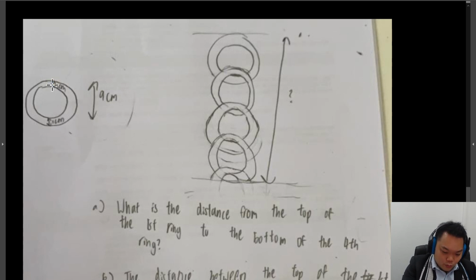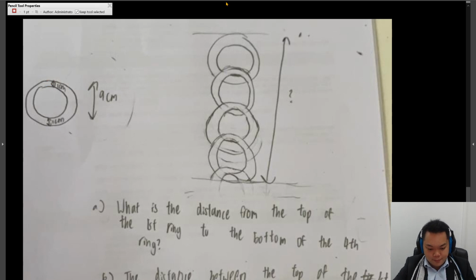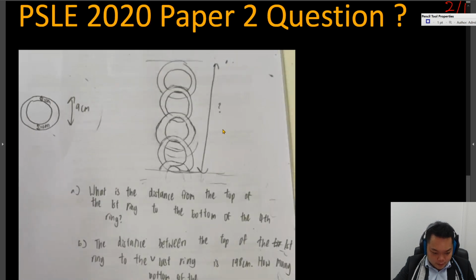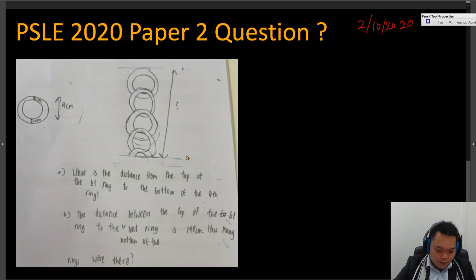And the width between this here and this here is 1 cm each.